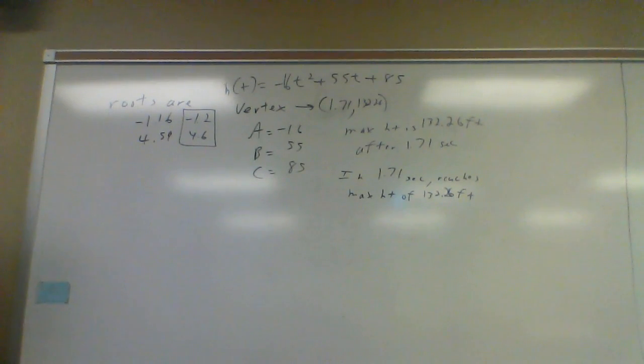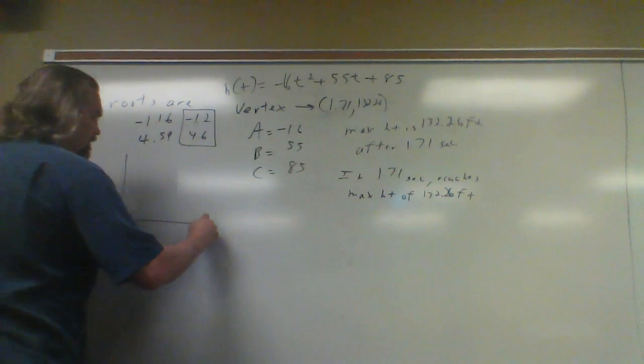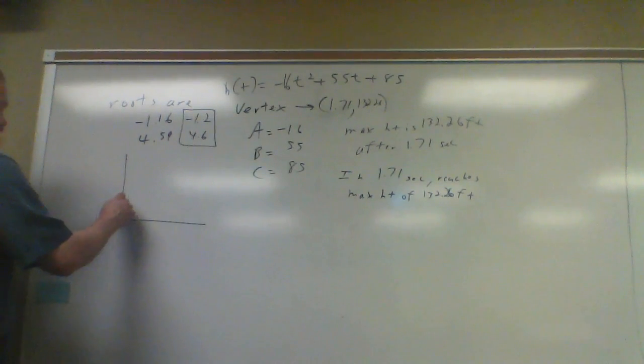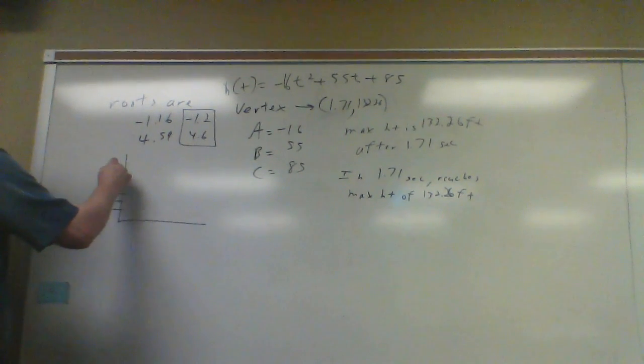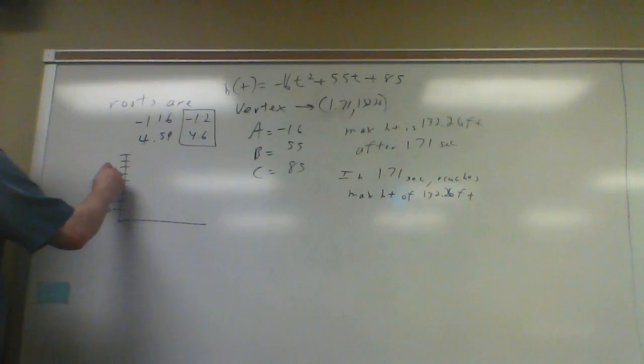So why did the calculator give me an answer of negative 1.2? Well, let's go and look at a picture, because that's worth 1,000 words. What does the number 85 represent? Very good.